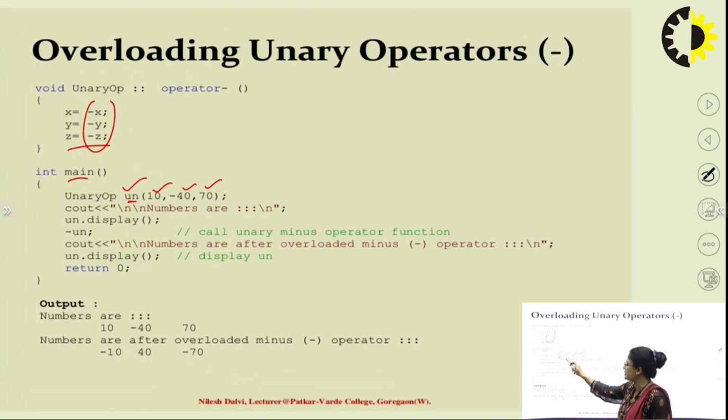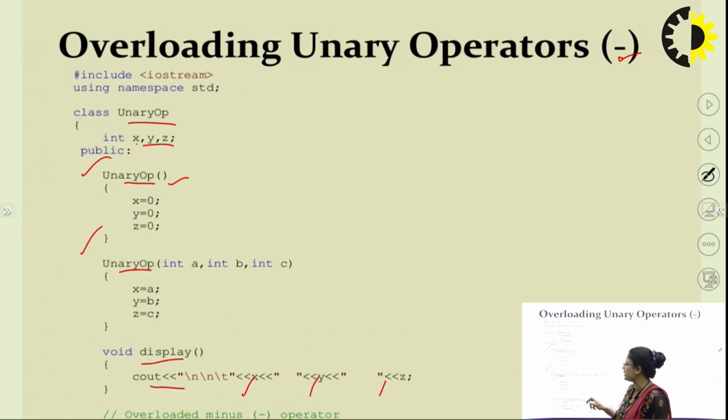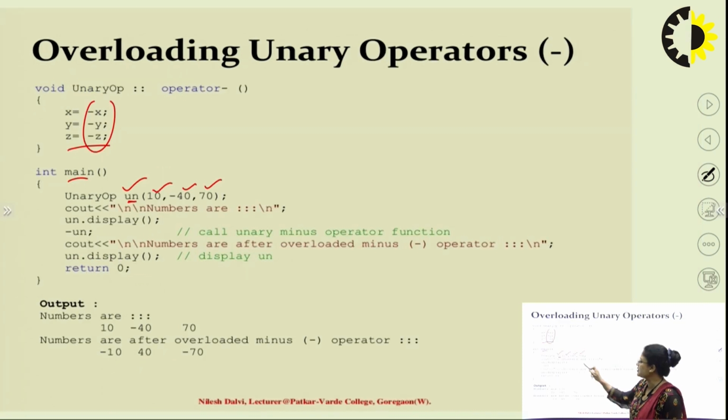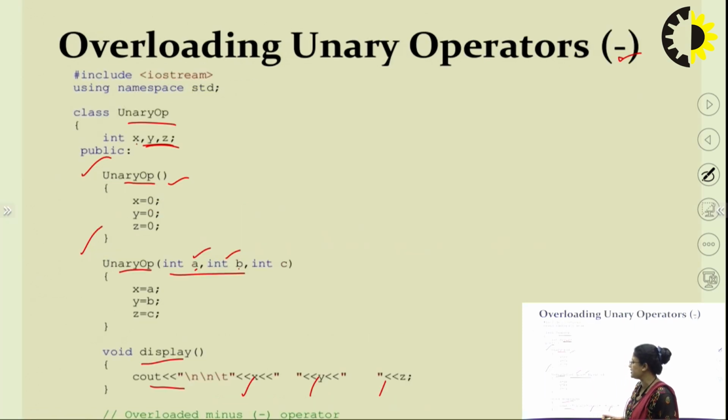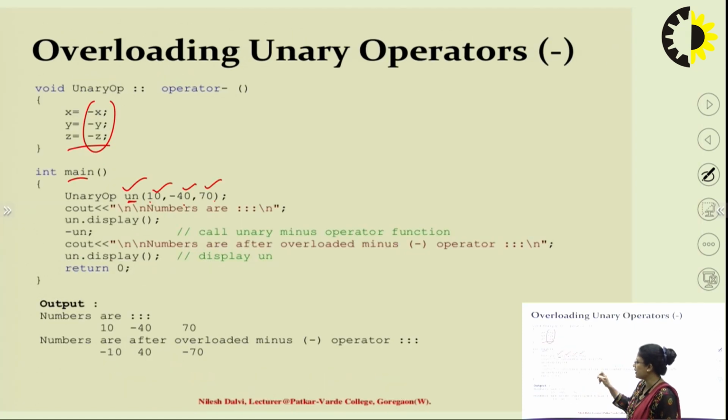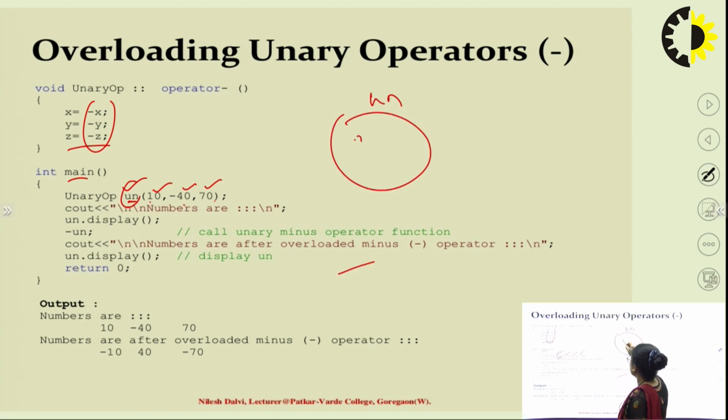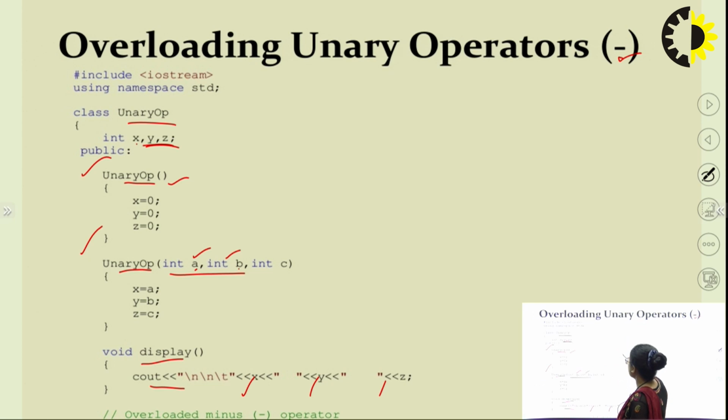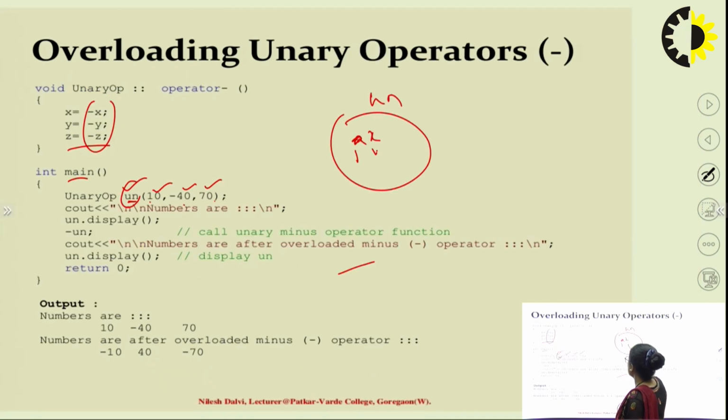But since we are passing arguments 10, minus 40, and 70, the second constructor will be called, and the member variables X, Y, and Z will be initialized by the values that we are passing. So X will be 10, Y will be minus 40, and Z will be 70.